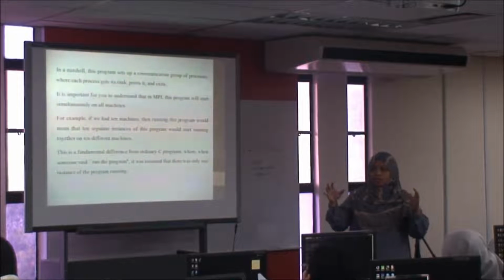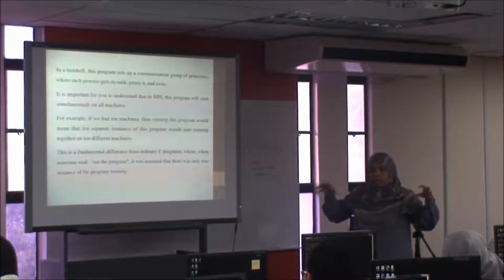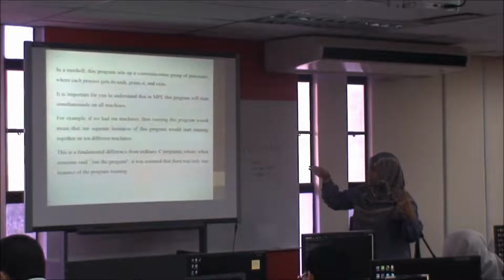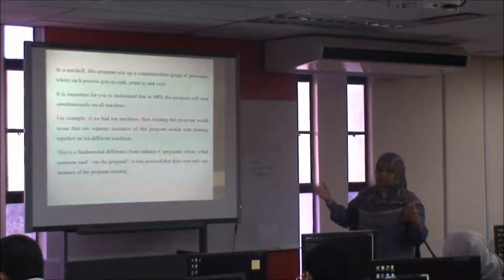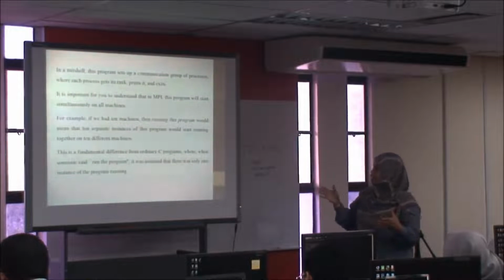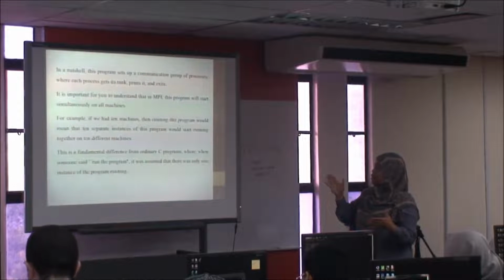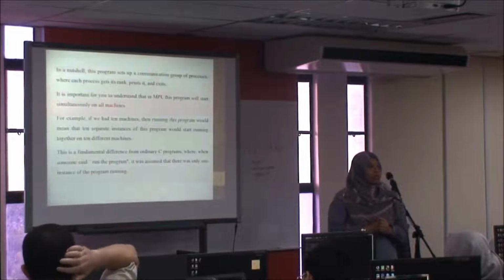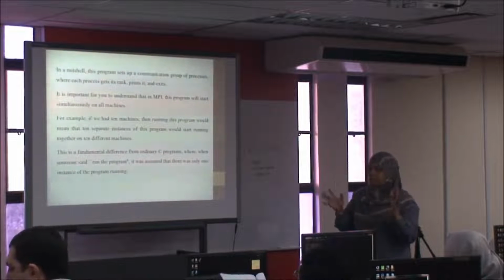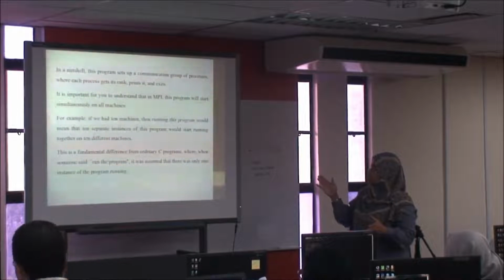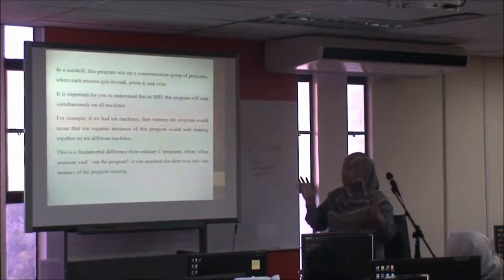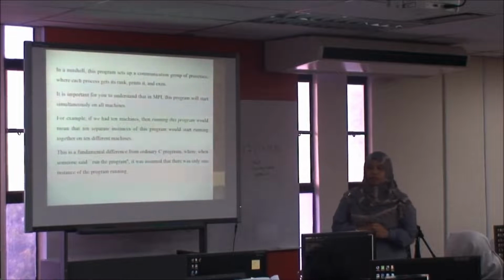It is important for you to understand that in MPI, this program will start simultaneously on all machines. For example, if we had 10 machines running this program, it means that 10 separate instances of this program will start running together on 10 different machines.